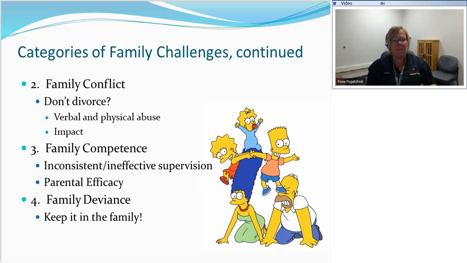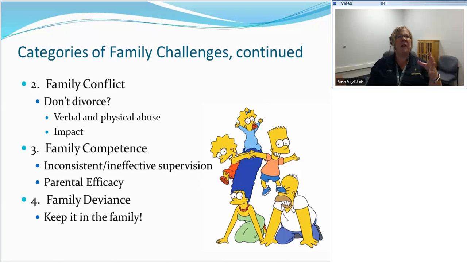Parental efficacy. Efficacy is just a fancy word for efficiency or effectiveness. Again, they don't come with a parenting manual, but basically, how good of a job are they doing at parenting? Family deviance is the 4th challenge. Basically, parents who have antisocial behaviors or are criminals, it generally stays in the family.